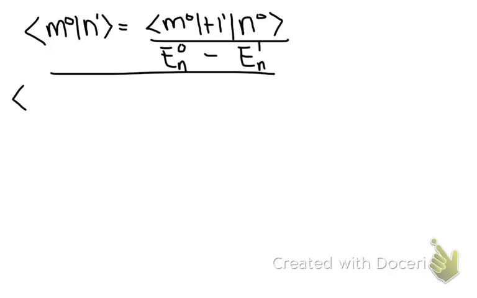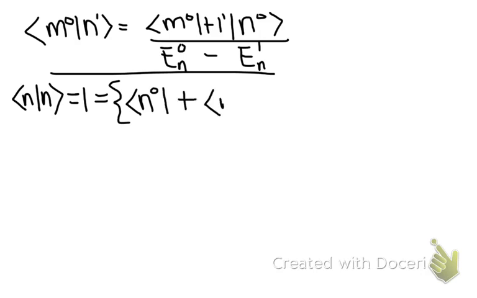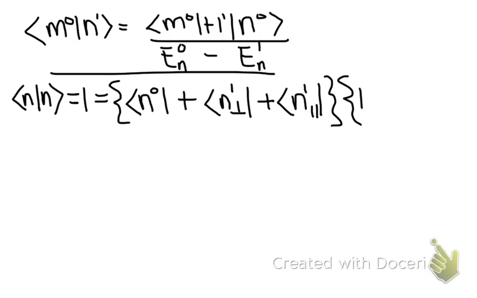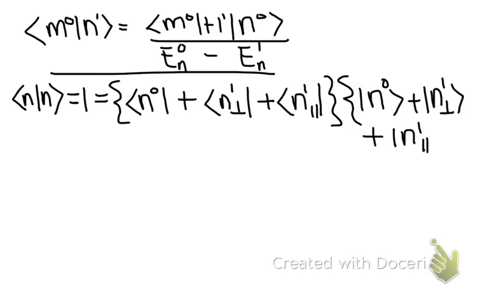Note that my n inner product n, which is equal to 1 for my normalized eigenstates or wave functions, can also be written in such a way: n0 plus n1 perpendicular component, plus n1 parallel component of n1 over here, and times its dual vector, n0 plus n1 perpendicular component plus n1 parallel component of n1. And let's close our brackets over here.